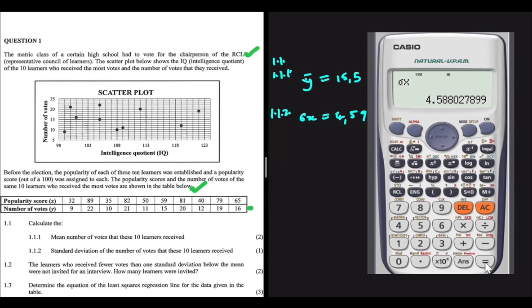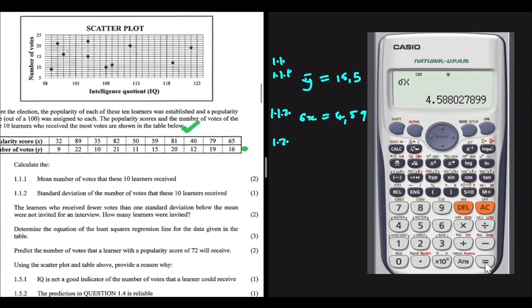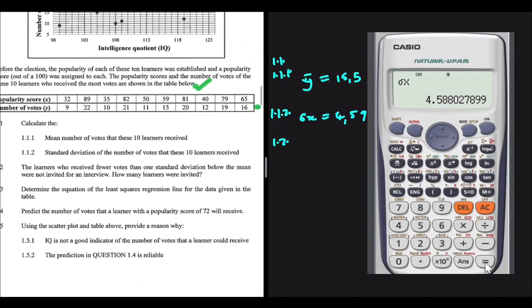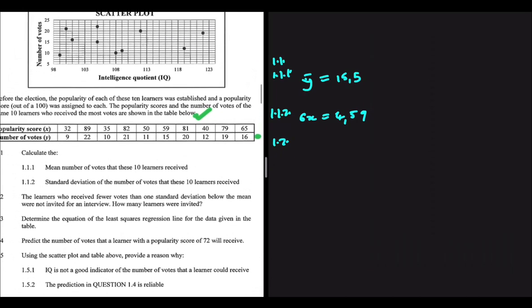Let's go ahead and do 1.2. So in 1.2, the question is saying that the learners who received fewer votes than one standard deviation below the mean were not invited for an interview. How many learners were invited? So now we have to determine the value of one standard deviation below the mean.